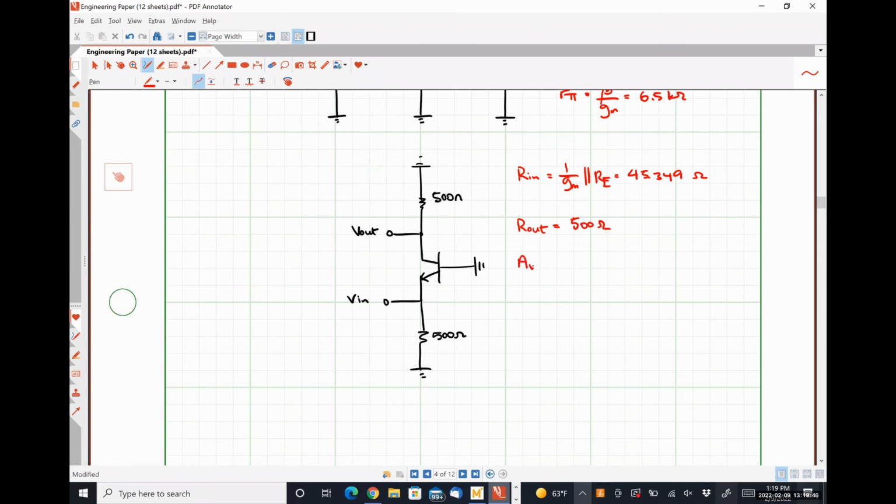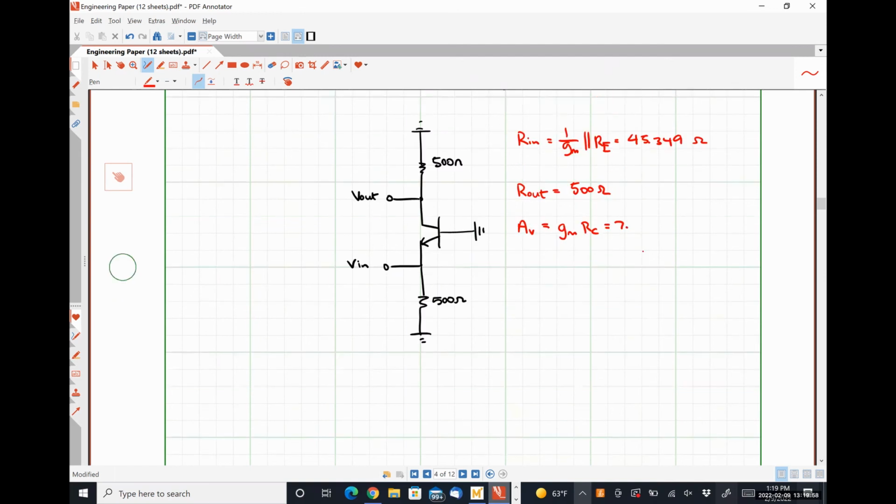And finally, our voltage gain, gm RC. Which is going to look like 7.692 volts per volt in this case. Okay.